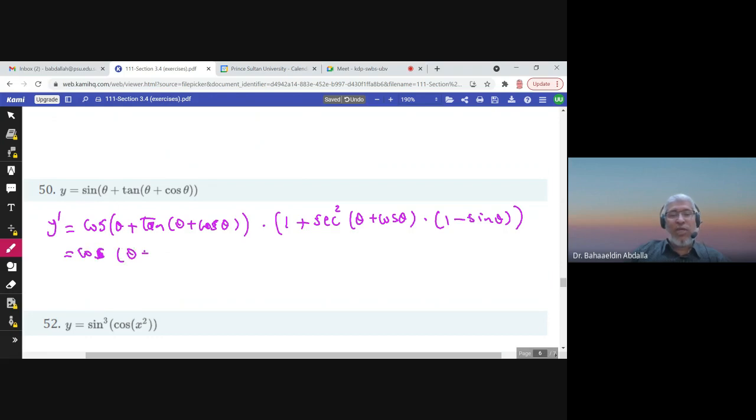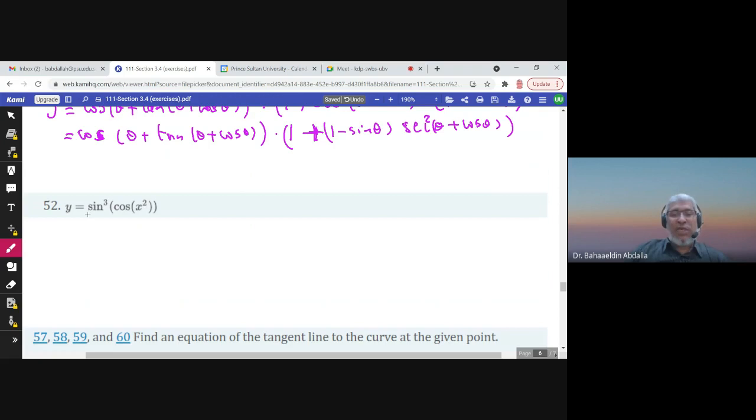This is cosine(theta + tan(theta + cosine theta)) times, I will write this as 1, then plus (1 minus sine theta) times secant squared(theta + cosine theta). I hope it's clear for you. So I have two terms. One term alone, and this is the other term.